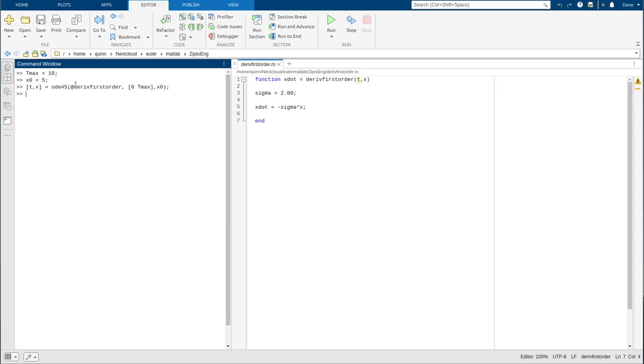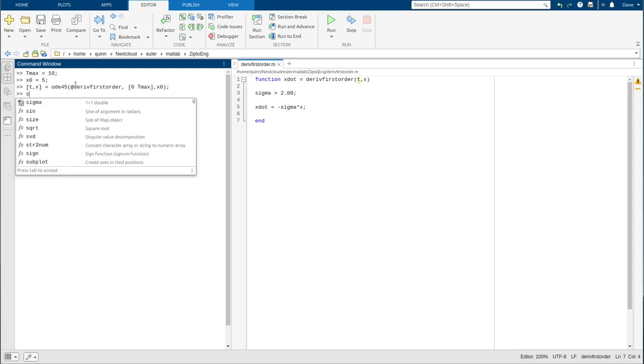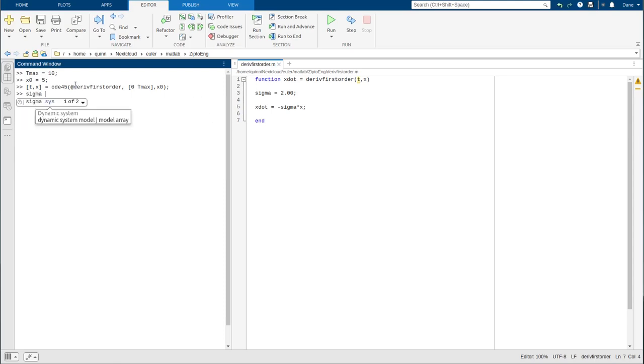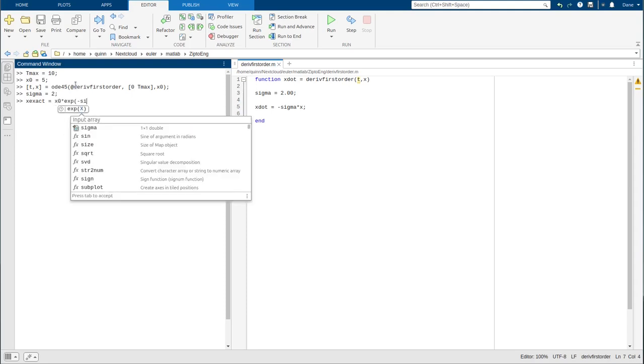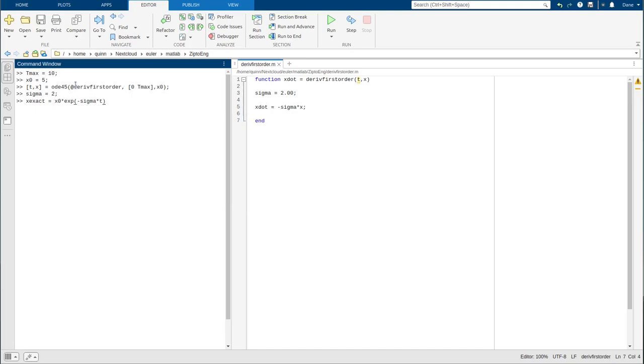Okay, so now we want to look at the exact solution. Remember that was available for us. So here sigma is equal to 2, and let's define the exact solution. That was x0 times e to the minus sigma times t.